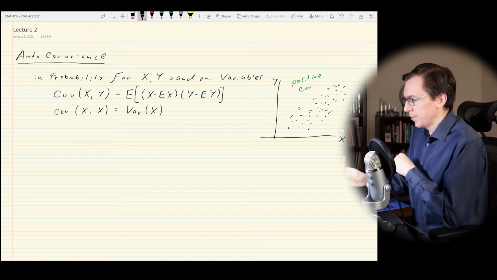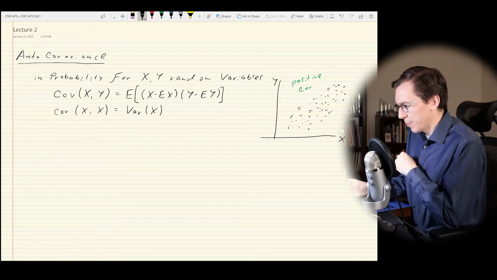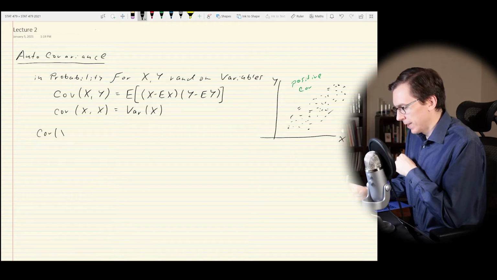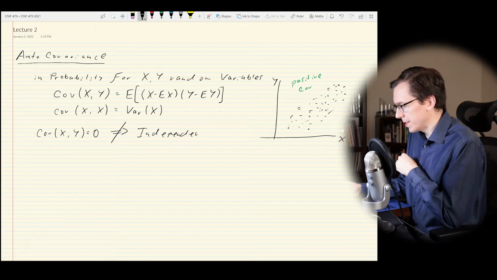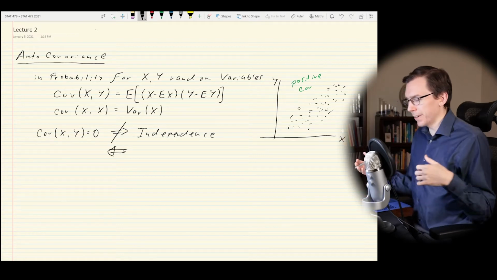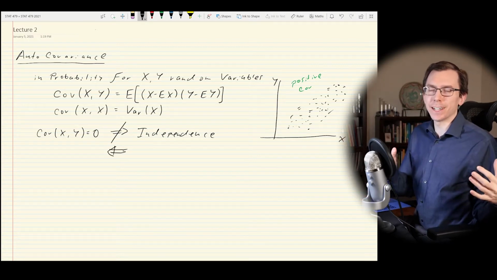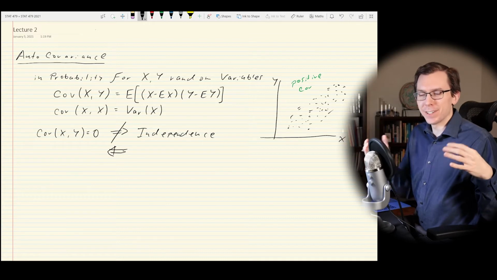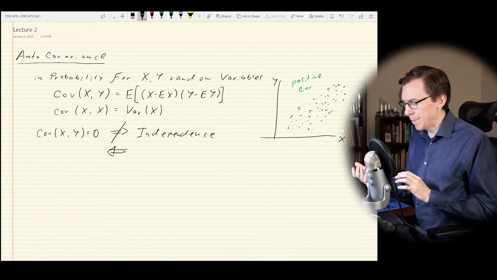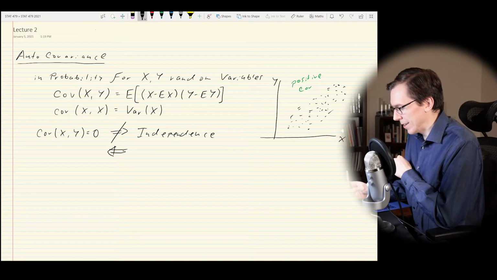Of course, as I mentioned in the last lecture, and I'll more formally highlight here, if the covariance of x and y is equal to 0, this does not imply independence. That's a common mistake that people make. But the reverse implication is true. Independent random variables do have a covariance of 0, but covariance of 0 does not imply independence. It only works in the Gaussian case.